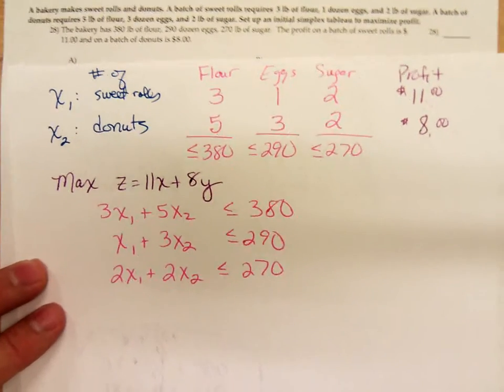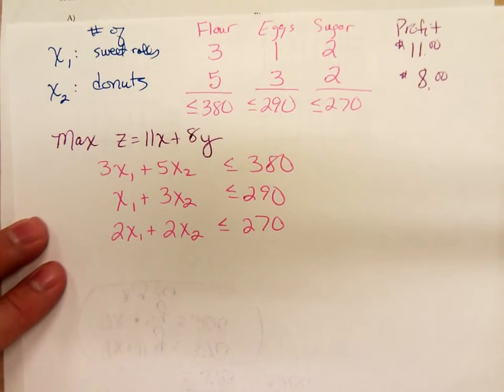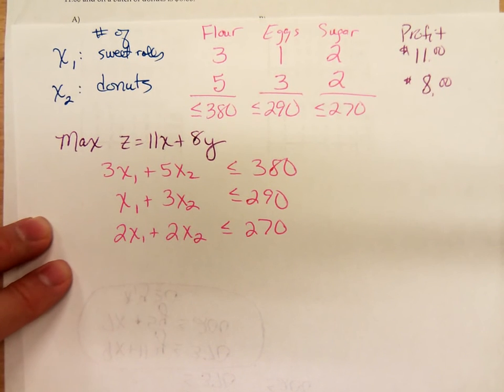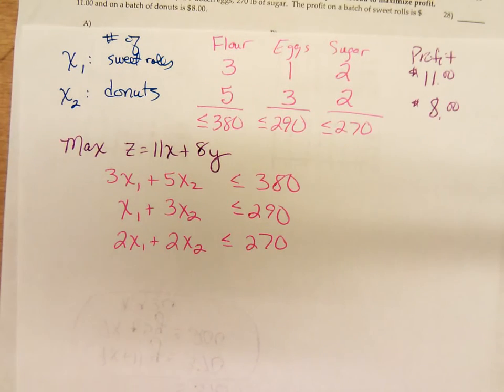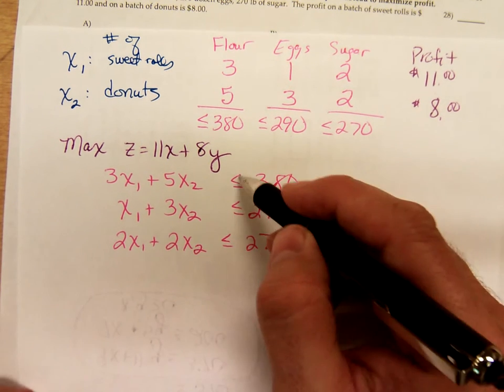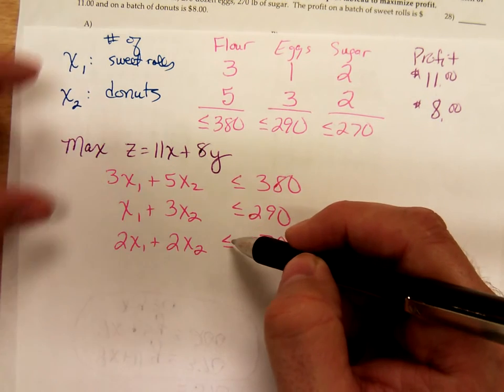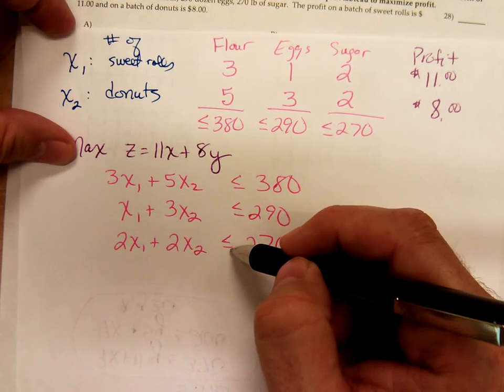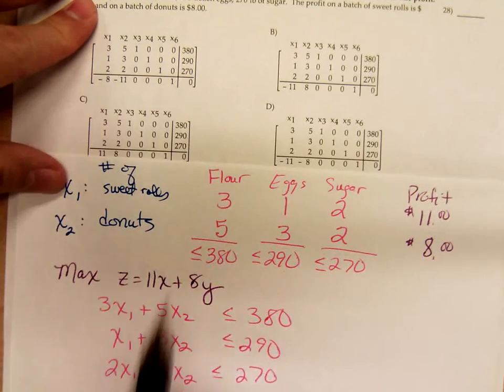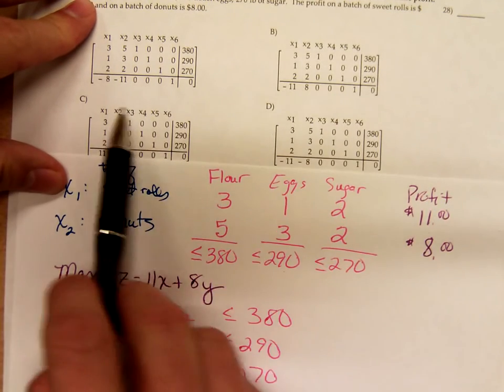To set up the simplex method, you start off by introducing slack variables wherever there's an inequality, a less than or equal to. And so there's going to be three slack variables. And if we look at how they're setting it up, they're not using s's for slack variables.